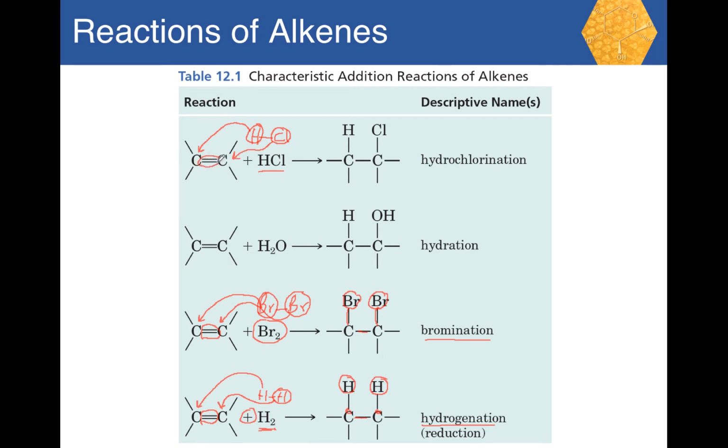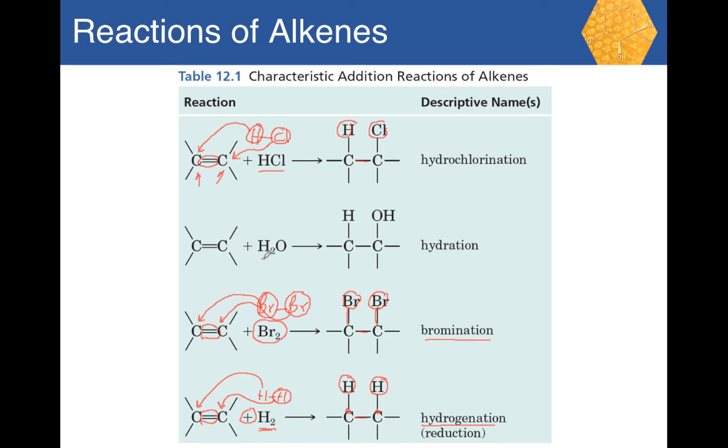This double bond will be transformed into a single bond, and we have H and Cl added to both carbons of the double bond. Notice they're not adding to the same carbon, but they're adding to both carbons of the double bond.